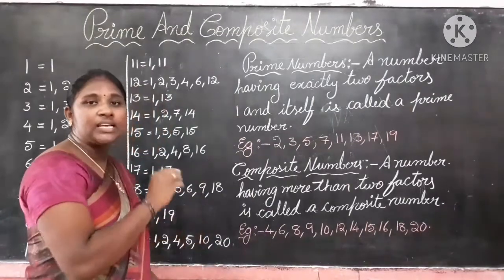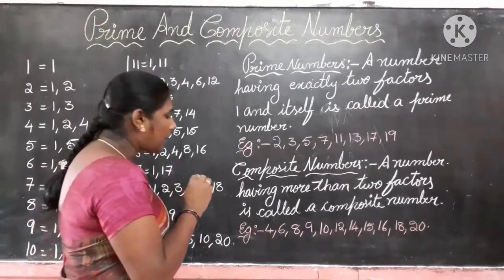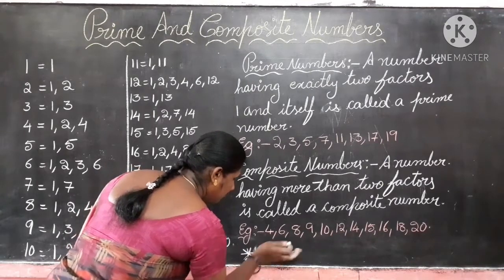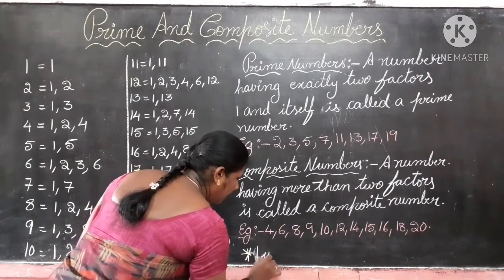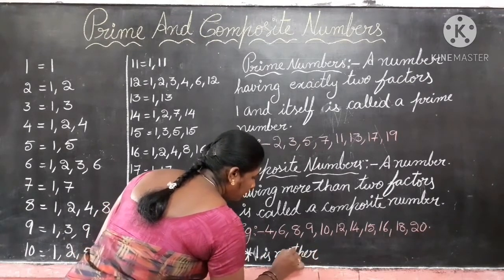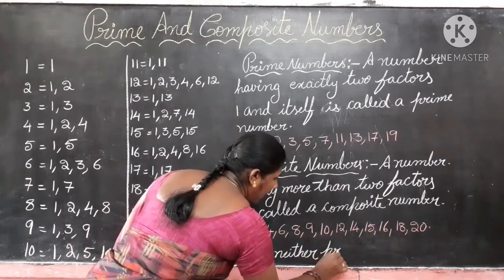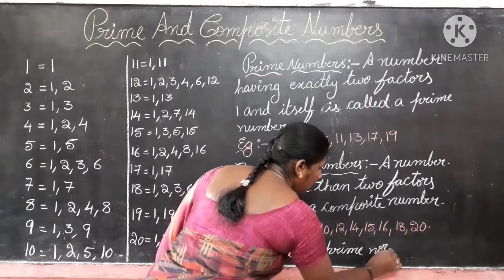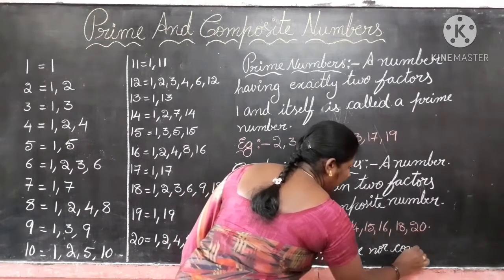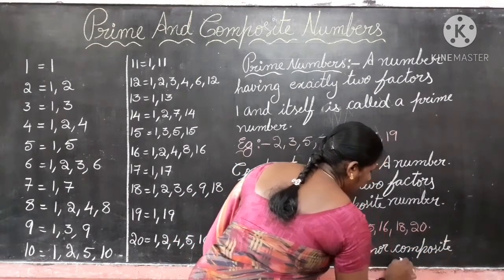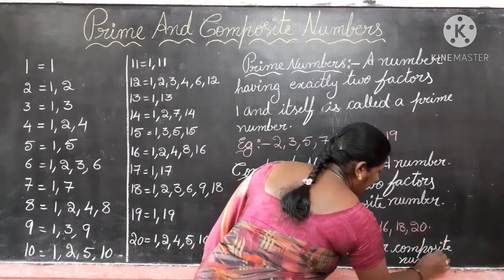So 1 is neither prime nor composite number.